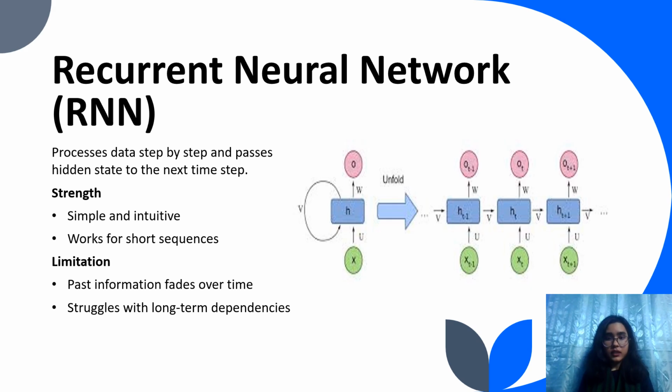For short sequences, this works well, but as sequences grow longer, important information slowly fades away. The RNN has memory, but it has no mechanism to decide what is important. In other words, it remembers everything equally, and that turns out to be a big weakness.